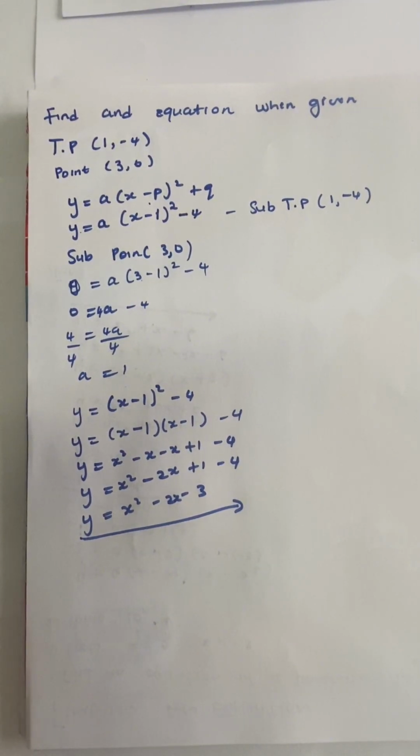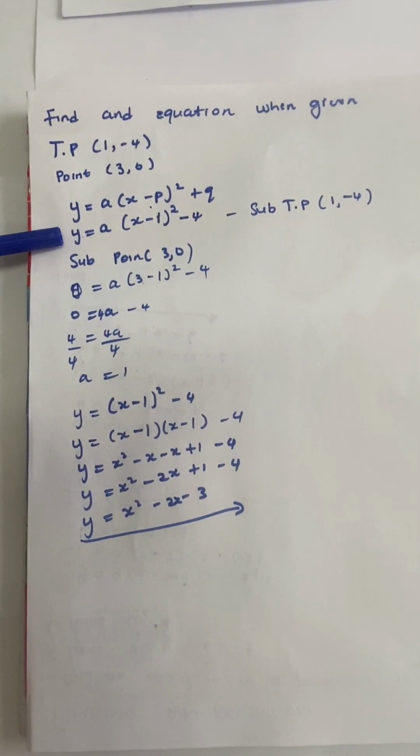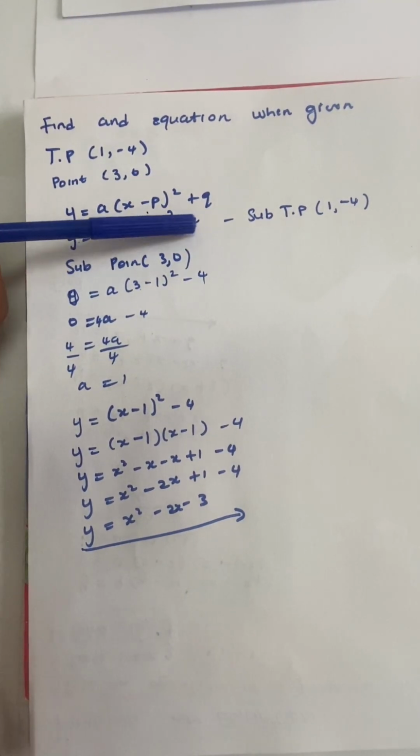Remember, what you did was, you were given a turning point, you substituted the turning point in the equation, and you found the value of a. After finding the value of a, you go back to this equation, because these points are the original of the equation.